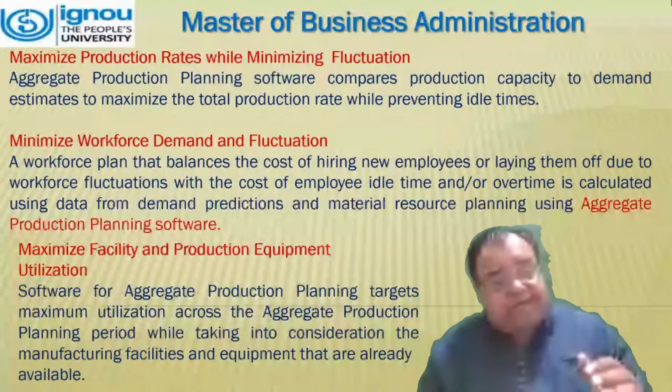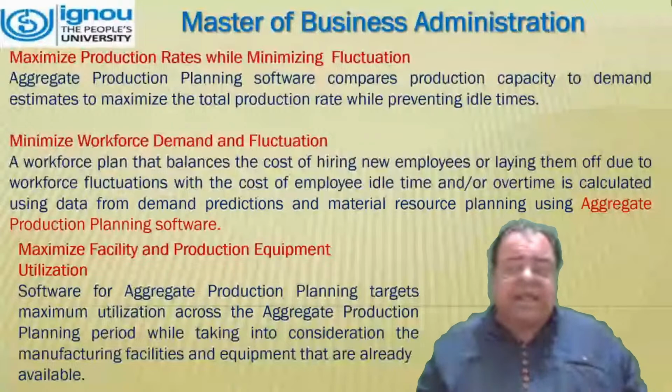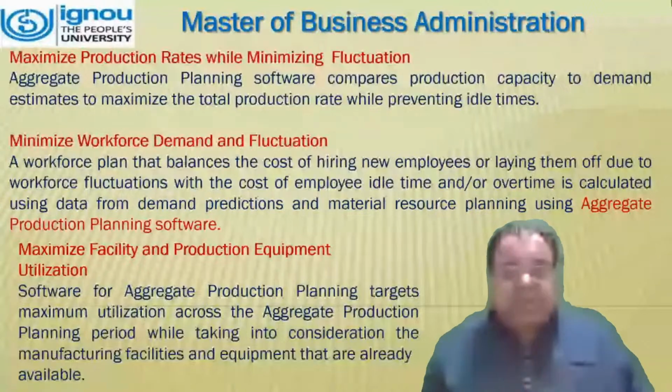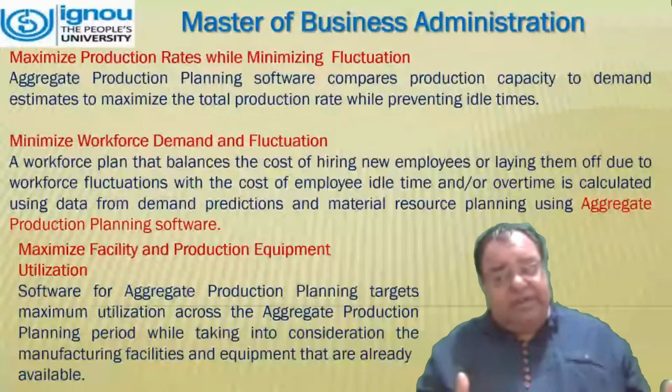A workforce plan that balances the cost of hiring new employees or laying them off due to workforce fluctuation with the cost of overtime is calculated using data from demand predictions and material resource planning using aggregate production planning software.